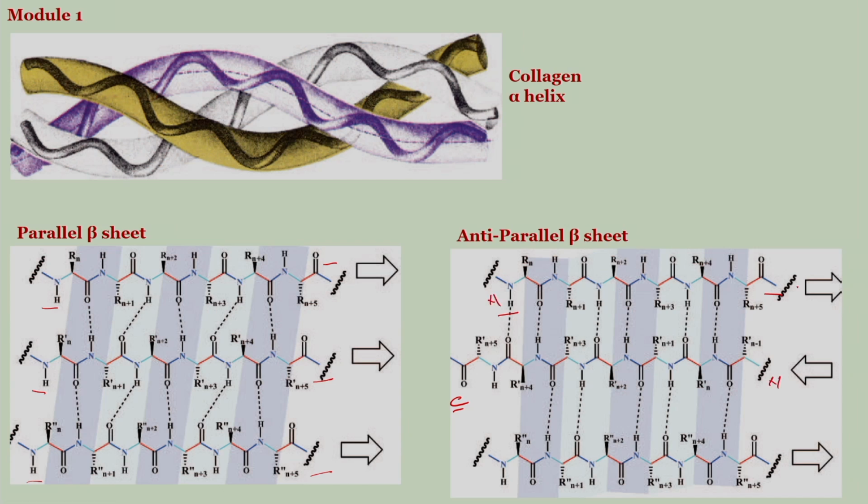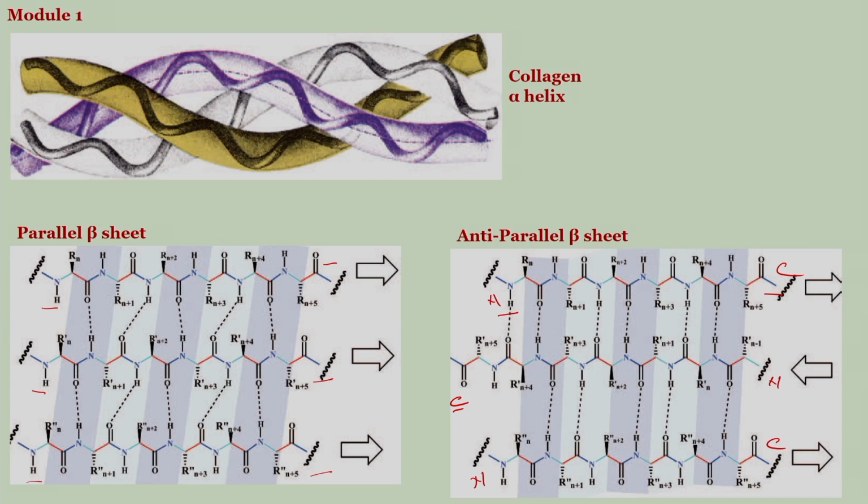This is N, this is C, again this is N and this is C. So it goes this way, this one is anti-parallel, this one is again parallel. So these two are anti-parallel, these two are anti-parallel, and that makes this kind of orientation. One of the amino acids is out and cannot form the hydrogen bond, the others are forming the hydrogen bond in this fashion. This one is also not forming. This also makes a flat structure.